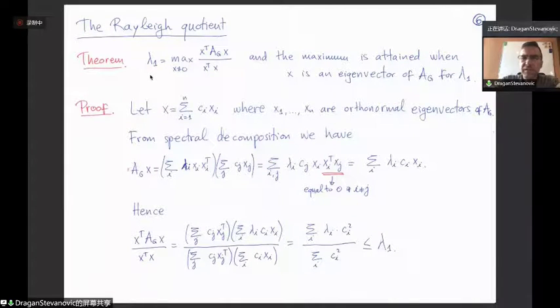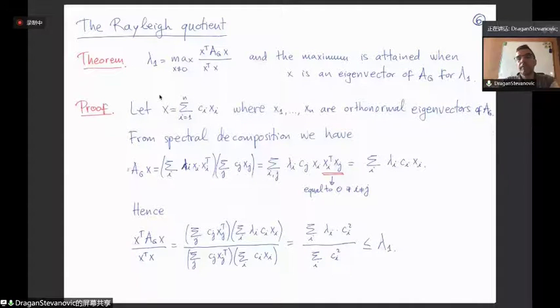Over here, we're mostly interested in the spectral radius, which is why we don't use the other eigenvalues, but it is very easy and fully analogous to show that the smallest eigenvalue, lambda n, is equal to the minimum of all these Rayleigh quotients.